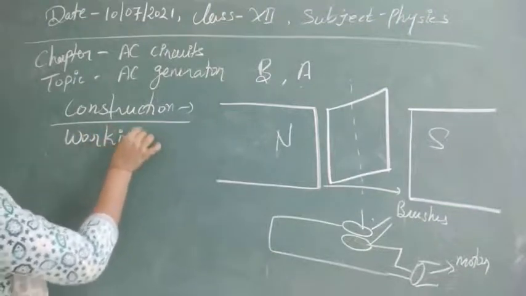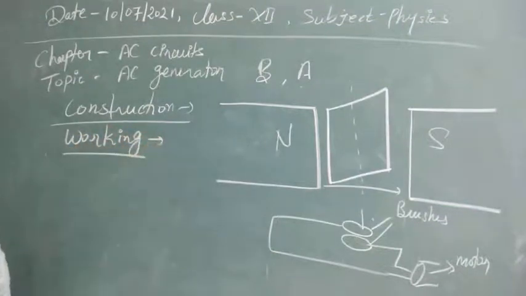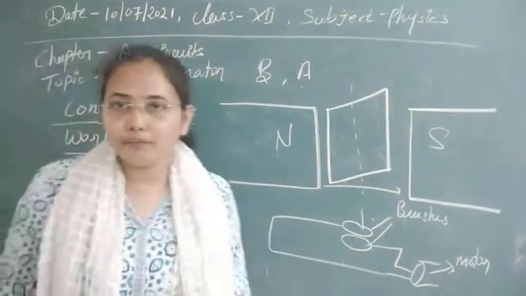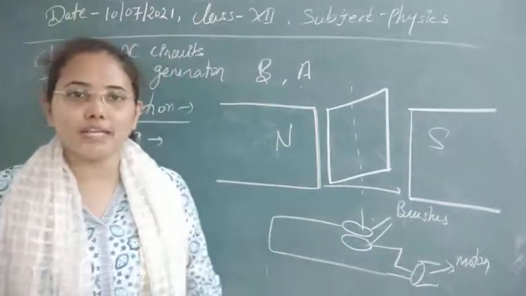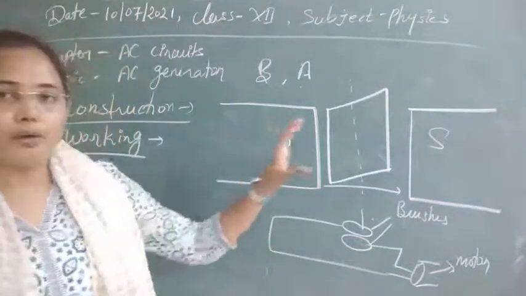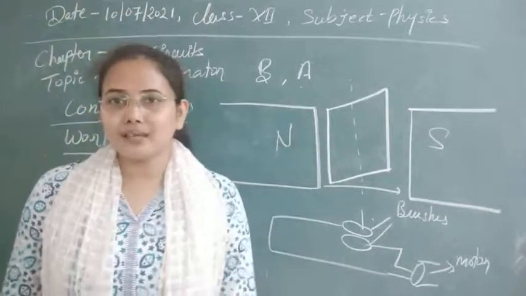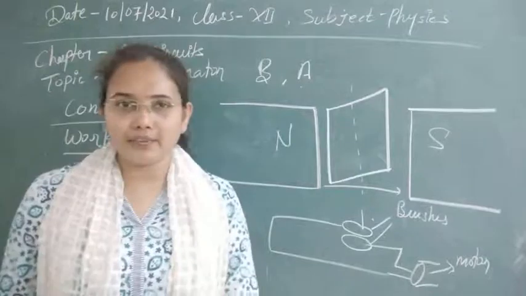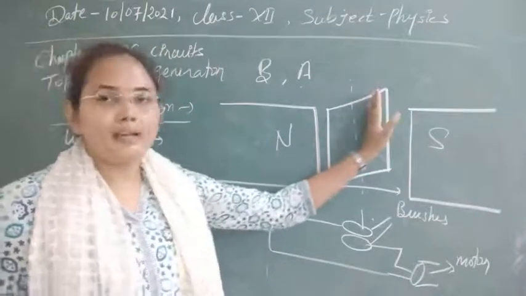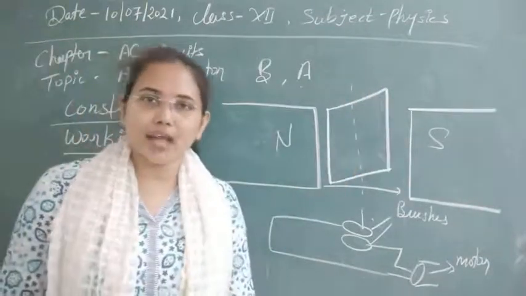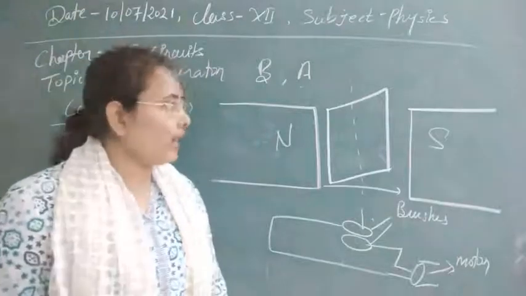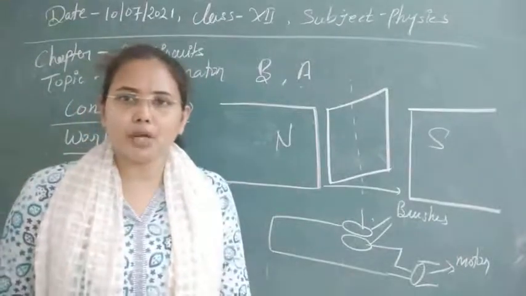So first I am going to talk about the working of the components. Later I will tell you the working of the whole device. First, the pole pieces work to produce the external, strong magnetic field. Second, this is the metallic coil that we have put here, and it may have a number of turns.